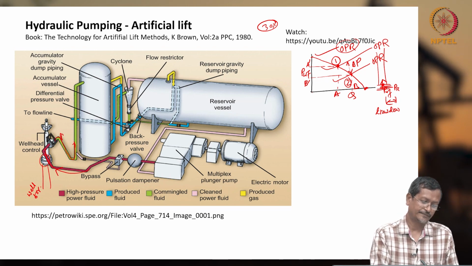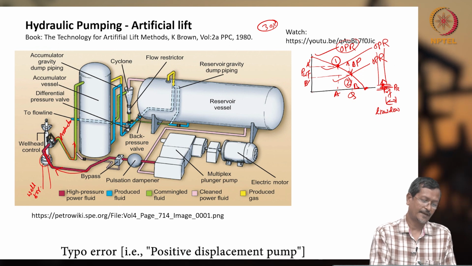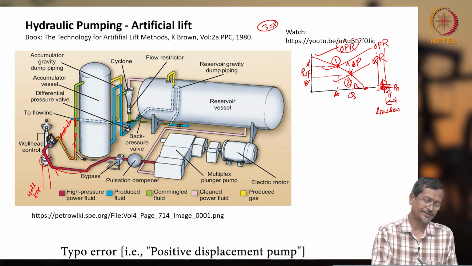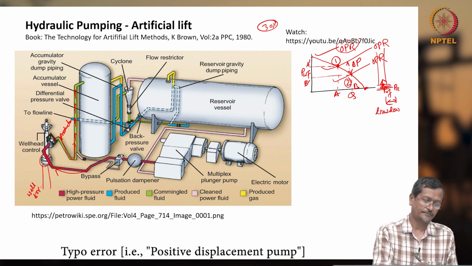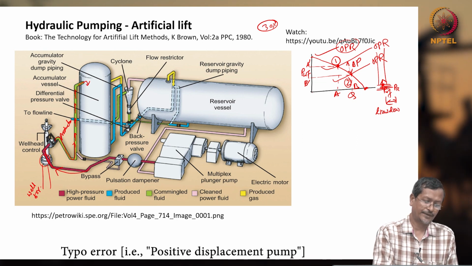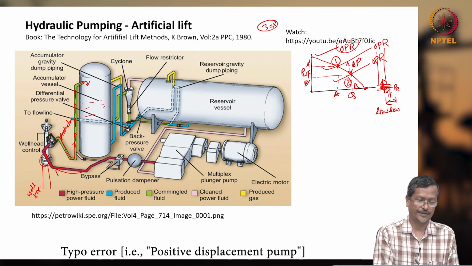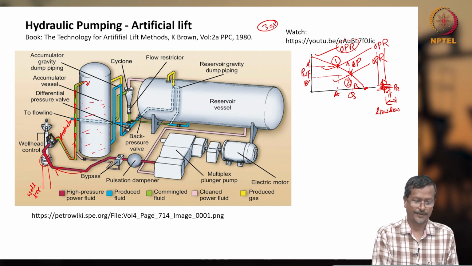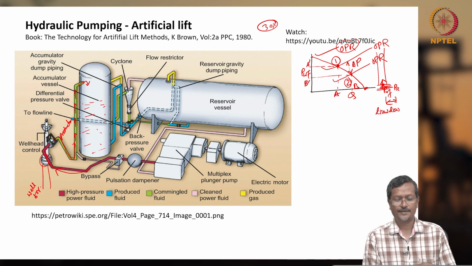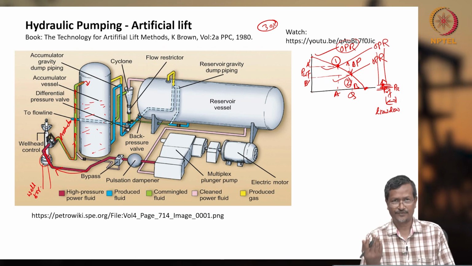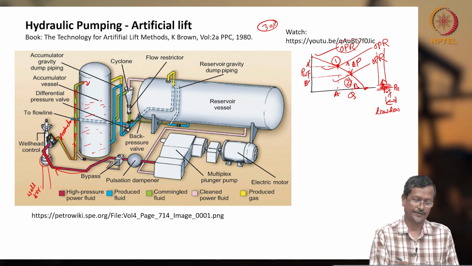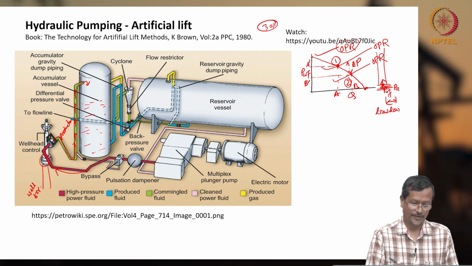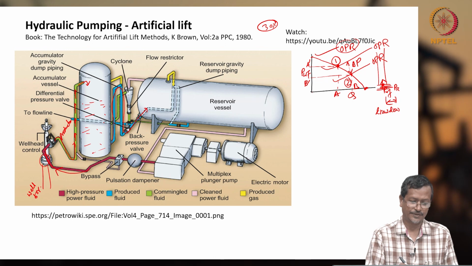This green color is the production fluid. Now you are storing it here, then you are separating it. After separation, you reserve the fluid somewhere, so this fluid will move to this tank.